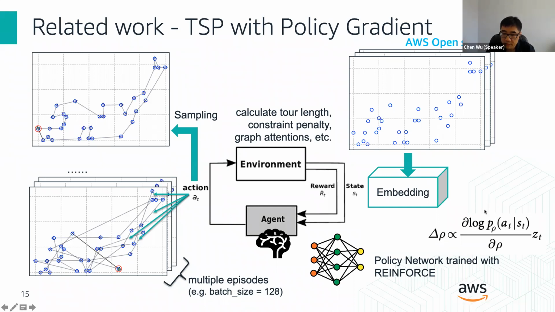The idea is to maximize this likelihood if your reward is positive. If your reward is positive, then the way to maximize this log likelihood is to increase the probability here. But if your reward is negative, then the way to maximize the log likelihood is to minimize the probability here. And so that works out.